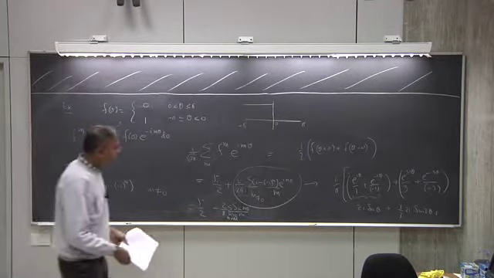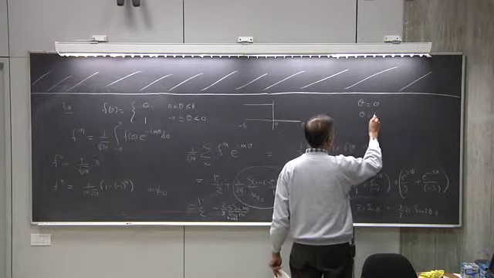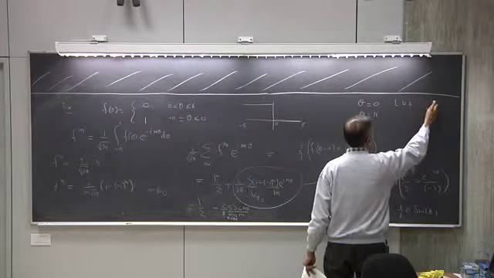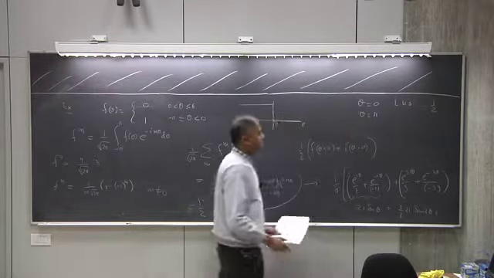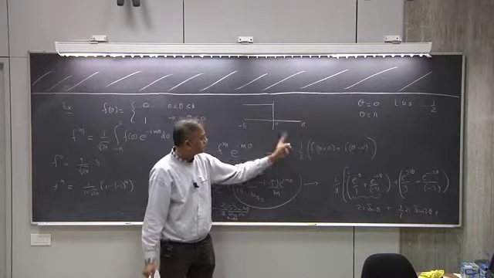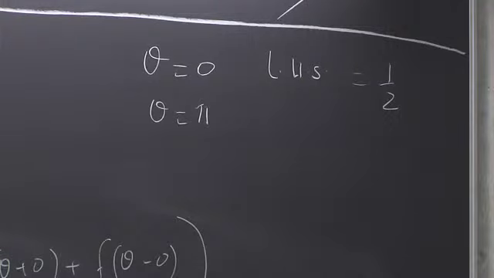So you see that at theta equal to 0 and theta equal to pi, the left hand side simply gives you half, which is indeed the correct answer, because the right hand side also gives the same. If you look at theta equal to 0, as you come from here, the limiting value is 0.